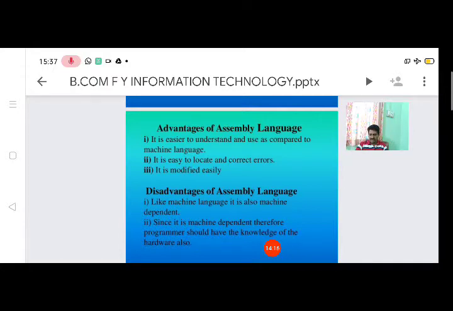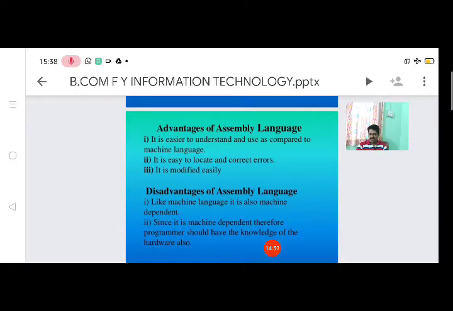Since it is machine dependent, the programmer also needs to understand hardware. The main disadvantage of this language is that it is written only for a single type of CPU and does not run on any other CPU.